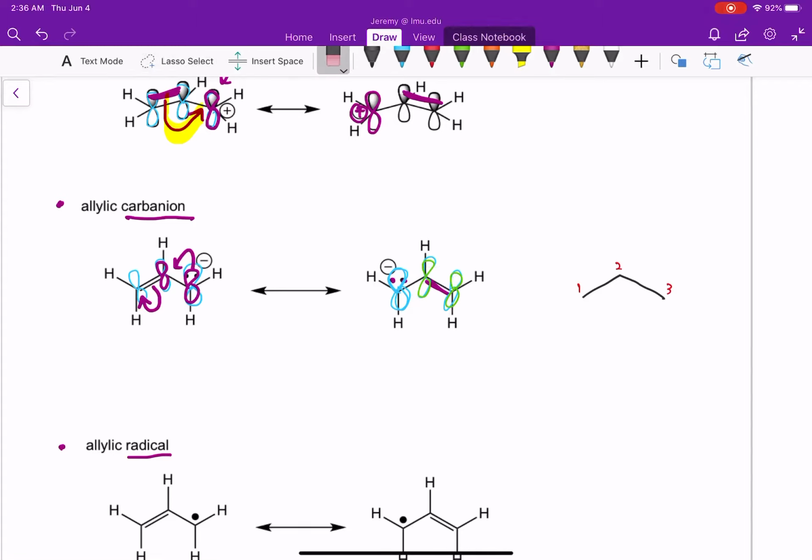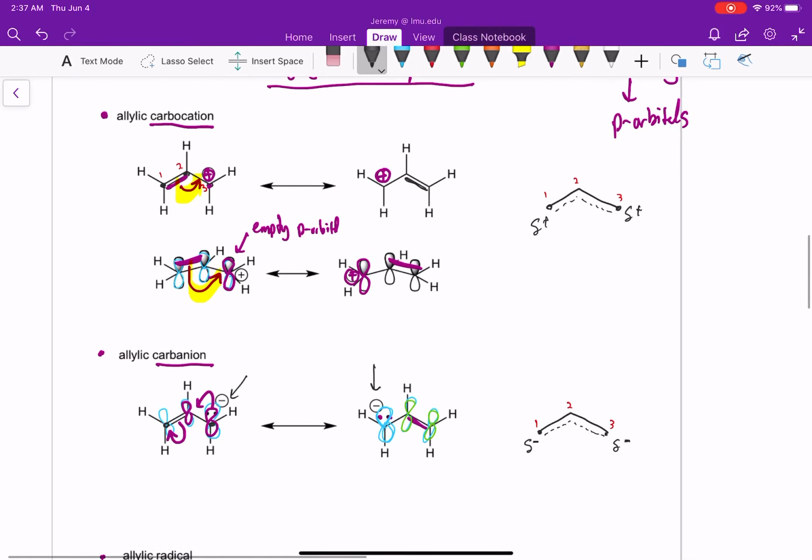So we can draw dashed lines between 1 and 2 and 3. And now we see that on the structure on the left, carbon 3 has a minus, and on the structure on the right, carbon 1 has a minus. So now we're going to put a partial negative by carbon 1 and a partial negative by carbon 3. And that would be our resonance hybrid. All right.